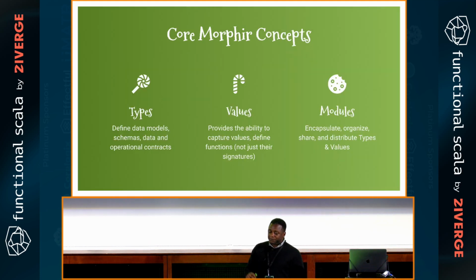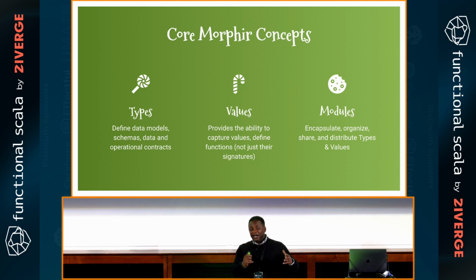What are the core principles or core concepts? Types, I saw that on the last slide as well, or in the last talk. It defines data models, schemas, data, and operational contracts. It also has values, right? So this is what I was talking about. It provides the ability to capture values, define functions, and not just signatures. So for every IDL you can think of, be it Protobuf, be it Avro, be it even Smithy, great formats, right?